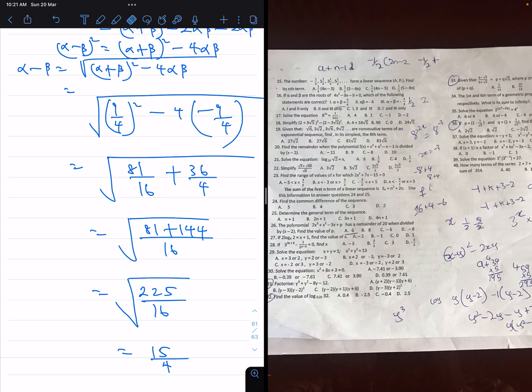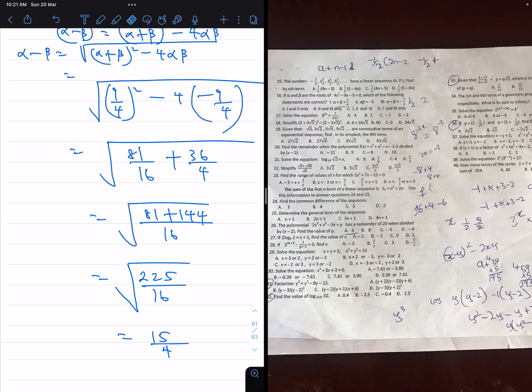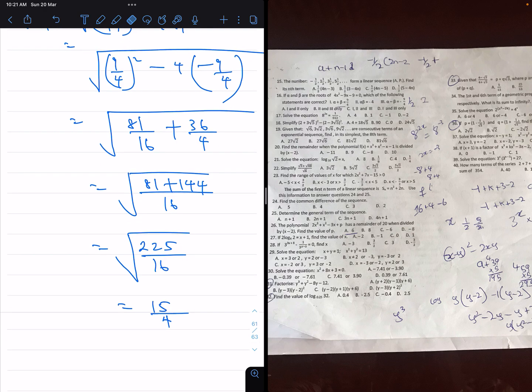Minus 4 times alpha beta, which is minus 9 over 4, that's plus 36 over 4. 4 times 36 is 144, that's correct. And 81 plus 144 is 225. The square root of 225 is 15, that's correct. Now the square root of 16 is 4.